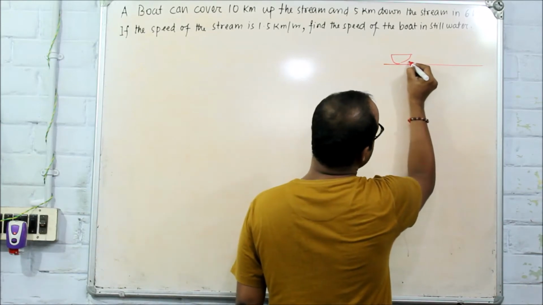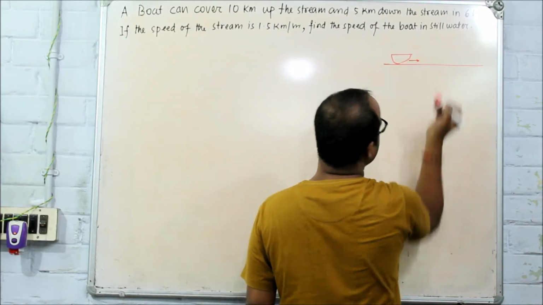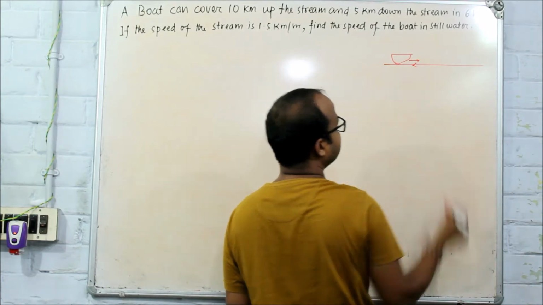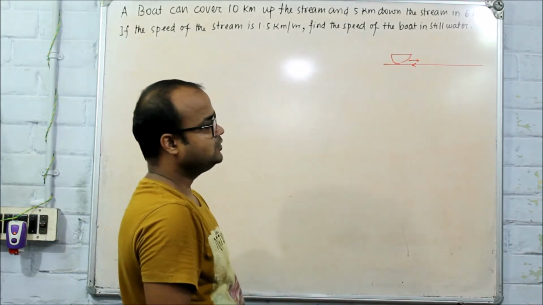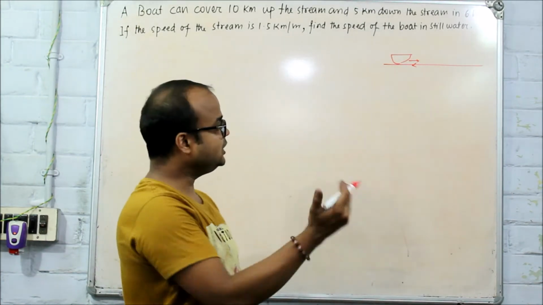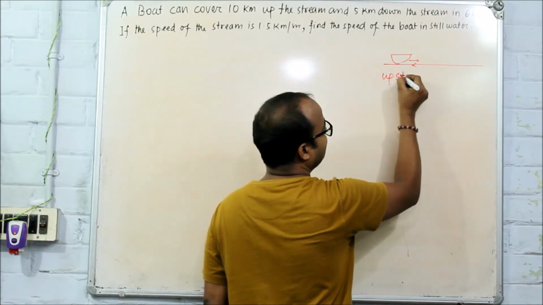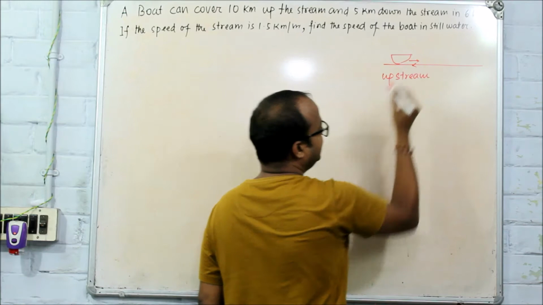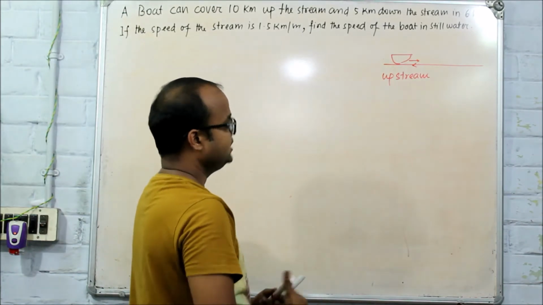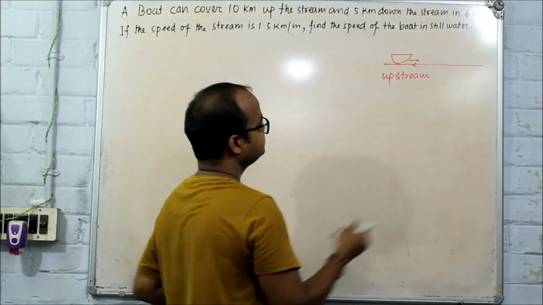Against the stream means it is moving in one direction and the current is on the other side, so we call it upstream. Upstream means it is against the stream.